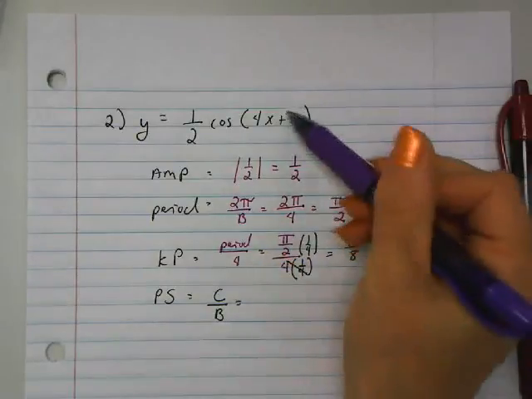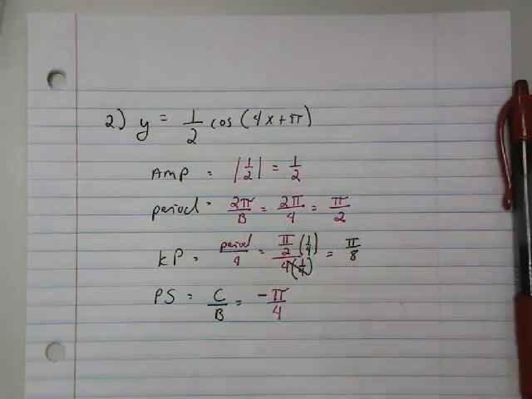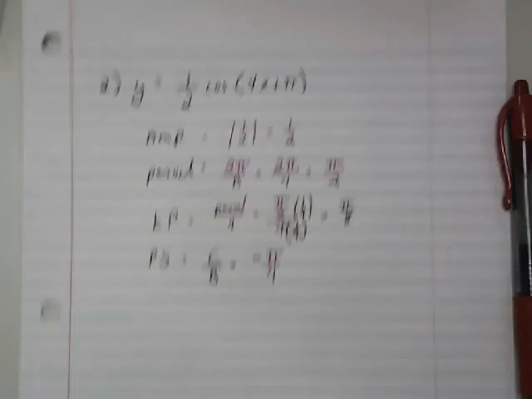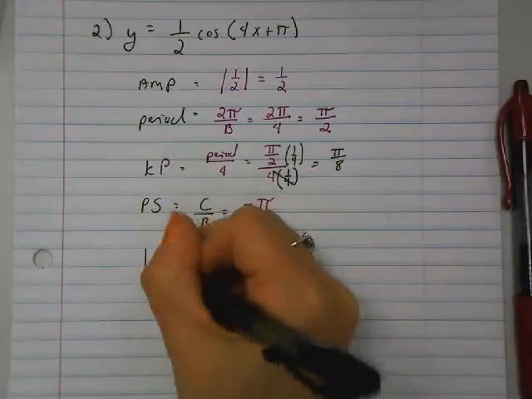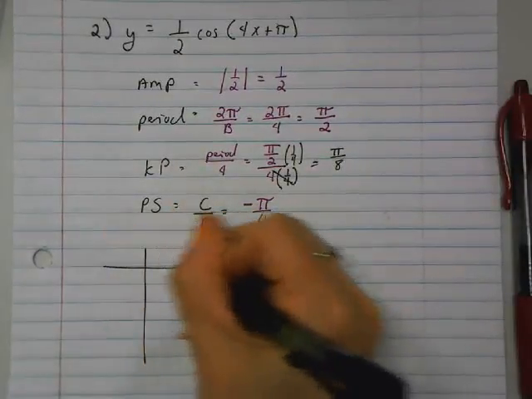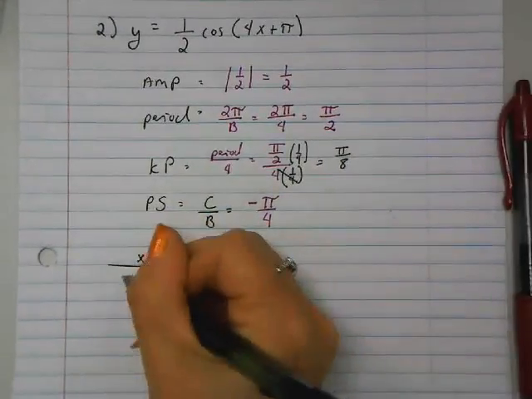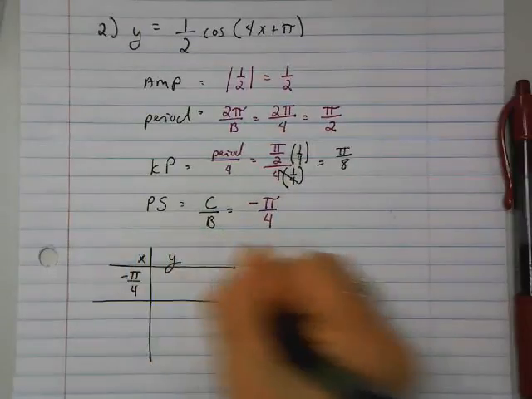So now I'm positive, I'm really going to be negative pi over 4. So that's my starting point, negative pi over 4. Alright, we ready to try the chart with just the x and the y this time? So I'm starting at negative pi over 4, and I need 5 lines.